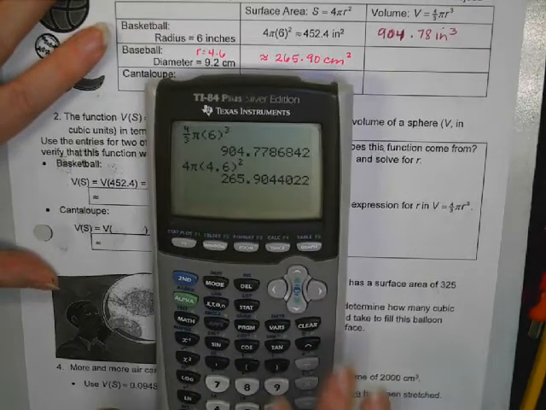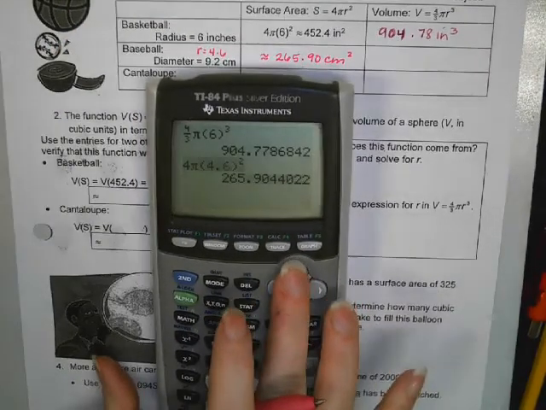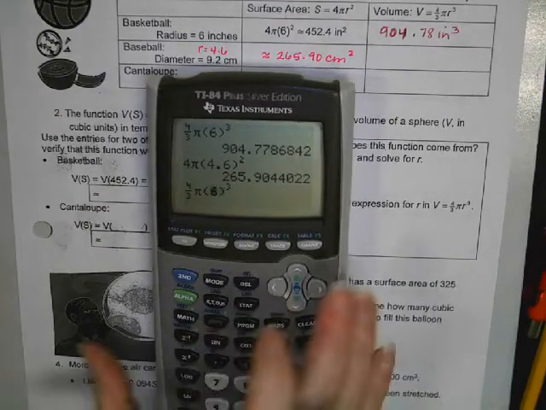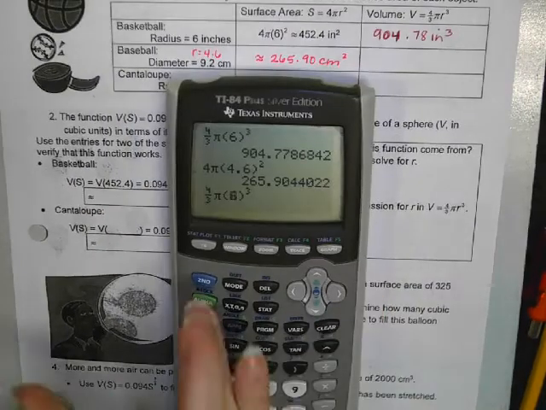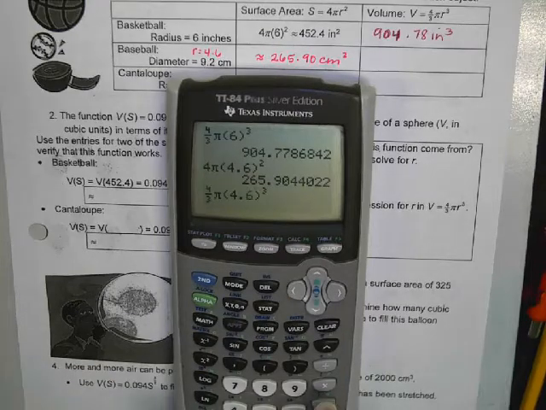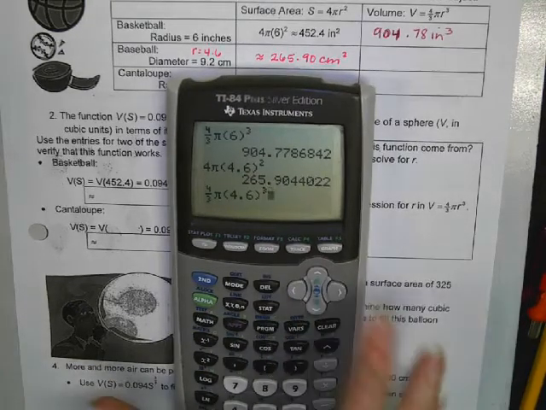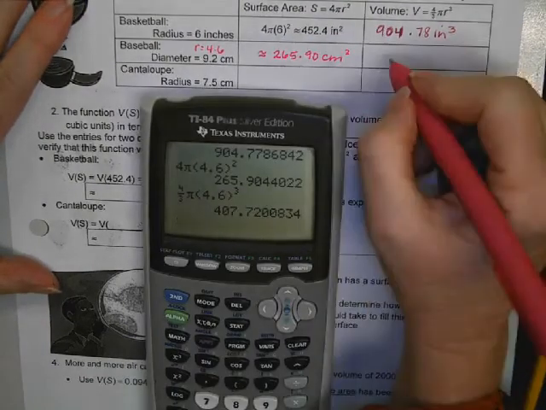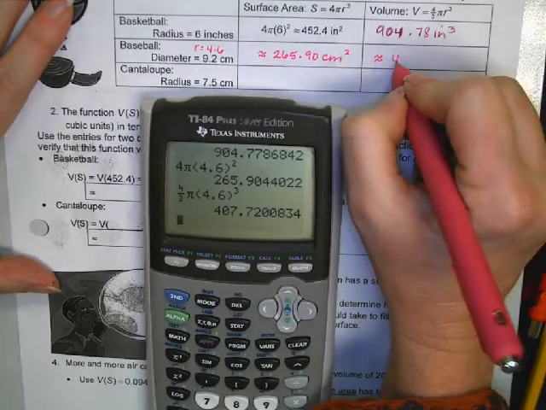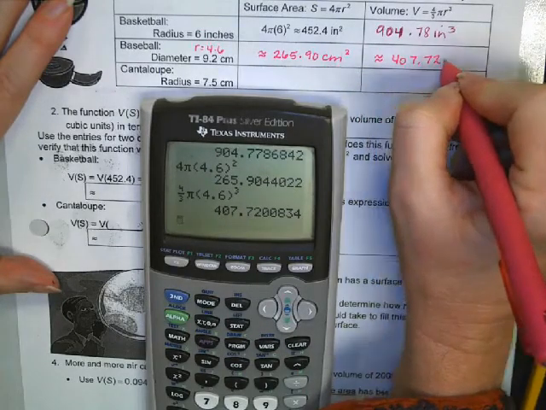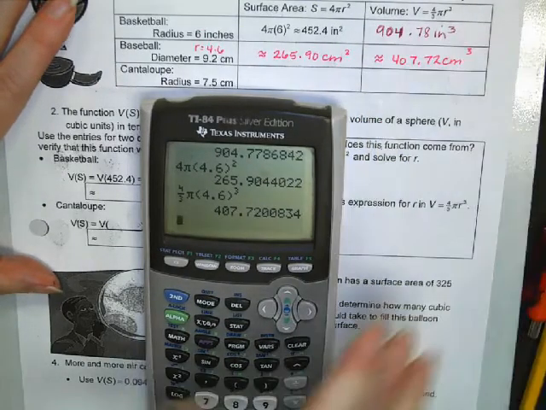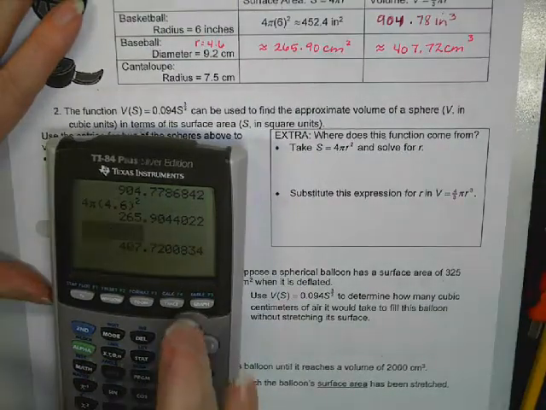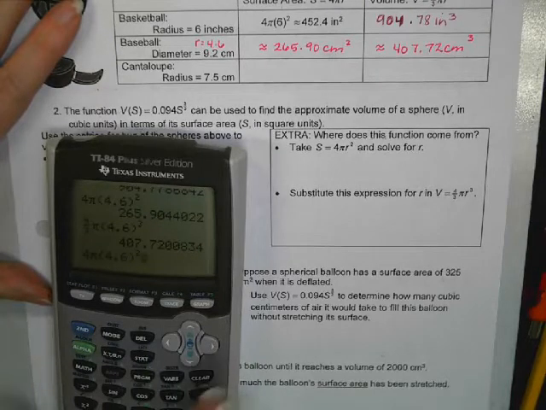So now I'm going to do the formula for volume. I'm actually just going to go up and grab the one I used a minute ago, because I don't want to retype all that. Okay, is everybody okay so far? All right, so now we're going to do the cantaloupe.